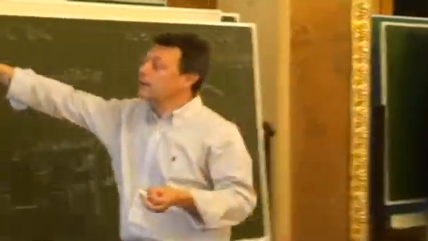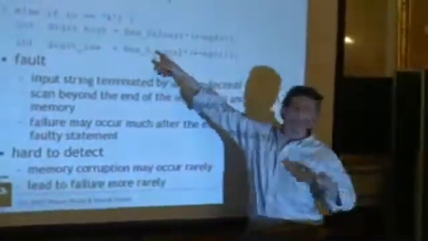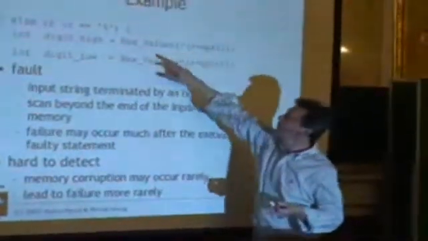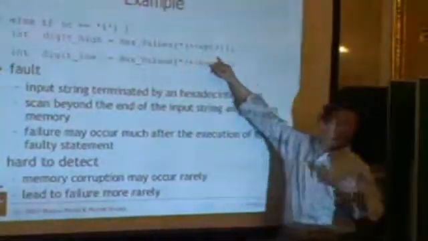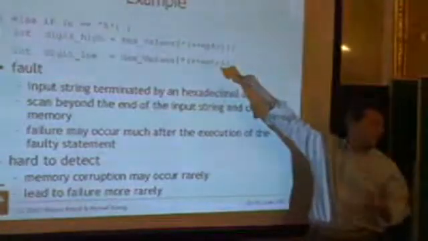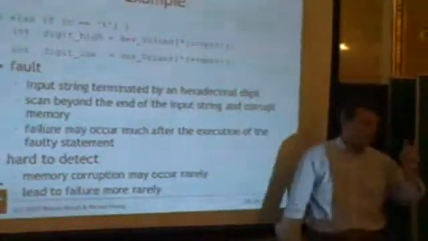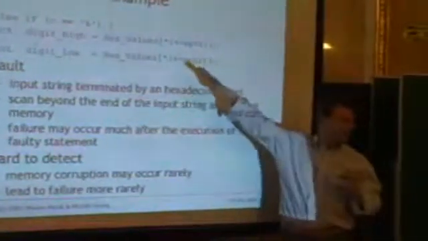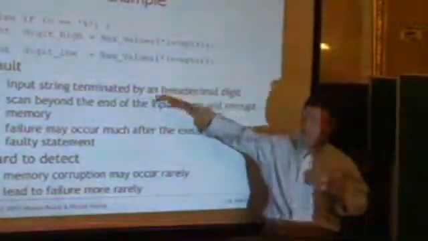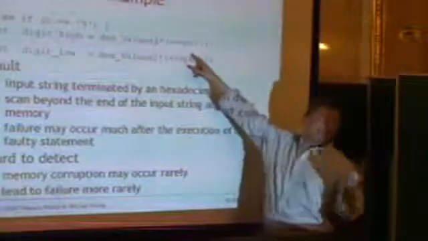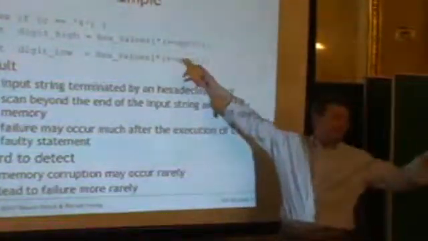Okay, and the code is: if the current character is percent, then call this hex value function, which is in the table that converts this, in C, and EPTR is the pointer to the input string. If you've seen one C program once, you can read this. You don't have to be a professional C programmer. You have a pointer to the string, you get the current character.